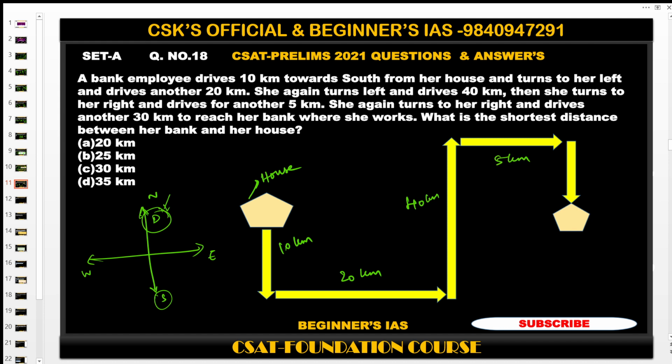She again turns right, drives another 30 km, and reaches the bank. What is the shortest distance between the bank and her house? So here 20, then here what will be the shortest distance? 25, sir. 25. Simple. People understanding, right? Yes, sir. Okay. Now next question.